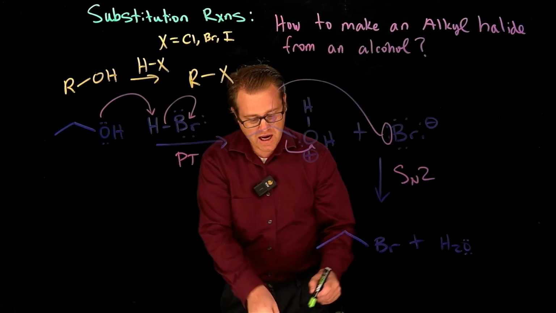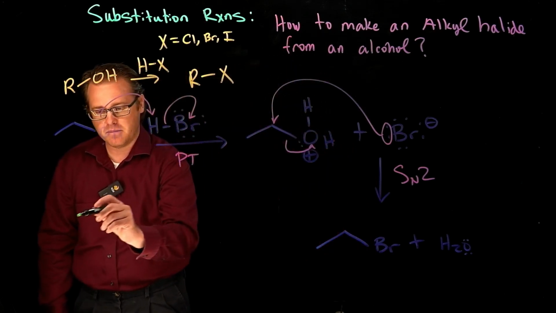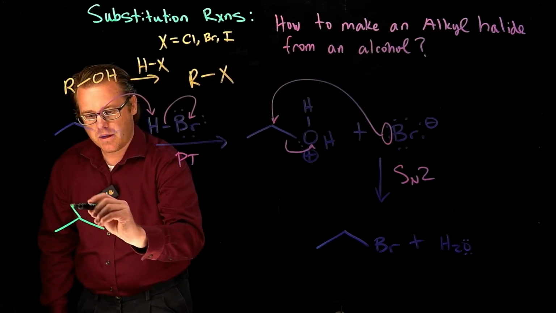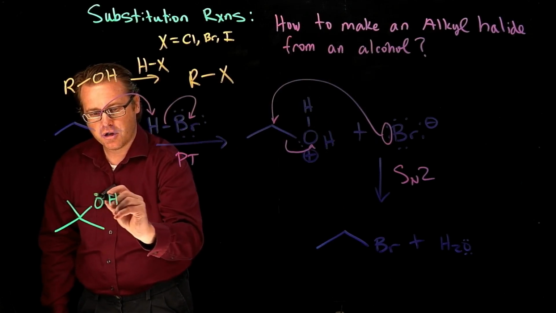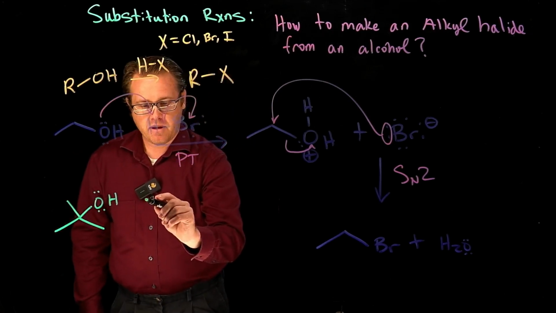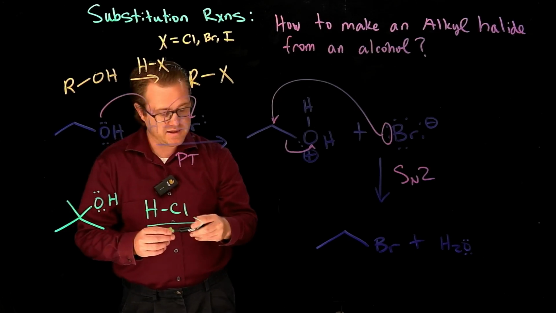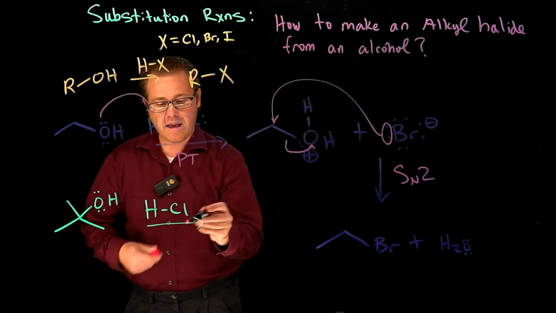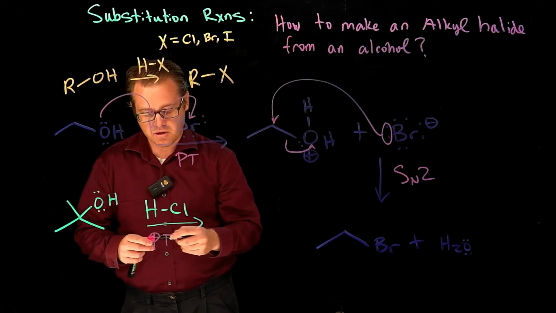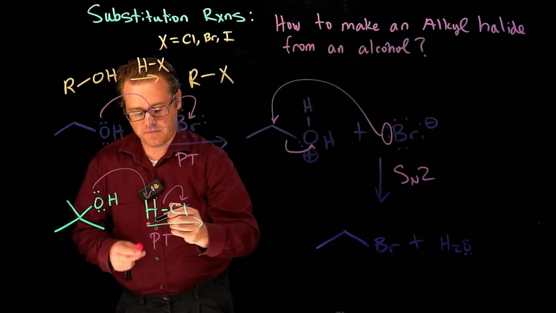But if we change what the alcohol looks like, things are going to be a little bit different. What if we had a tertiary alcohol, and we treat that with, let's say, HCl? The first step is going to be the same as above, that we will have a proton transfer, like so.